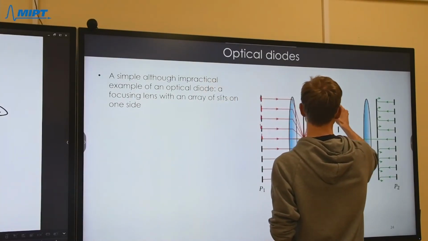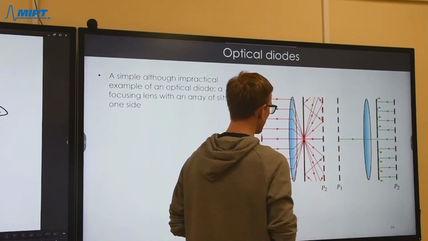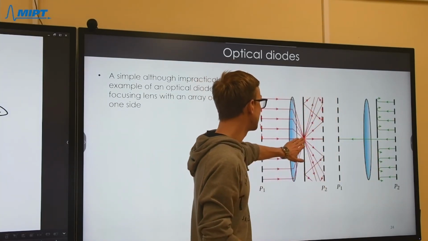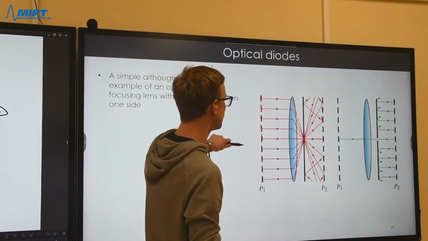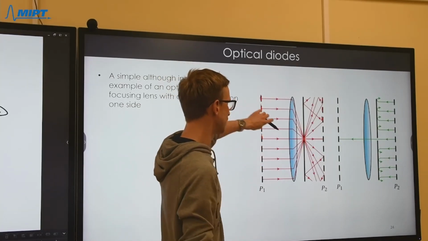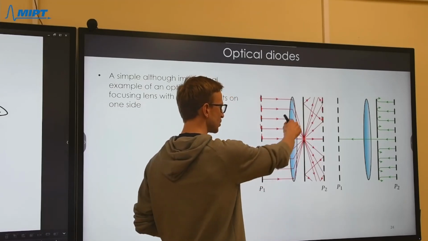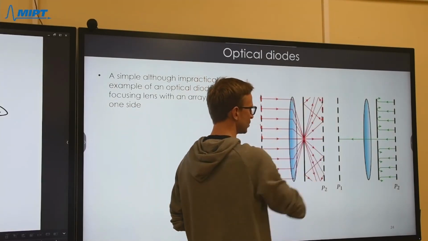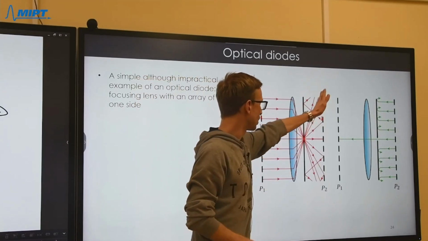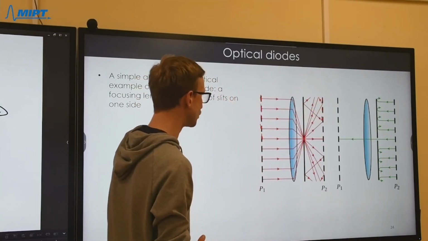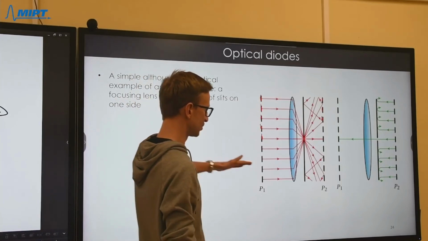And on this side too. So what we do is place a slit in the focal spots of that lens on one side. And then we illuminate the system from this side. The lens focuses radiation to the spot. Almost the entire radiation passes through the slit, of course, through the aperture. And then we have near complete transmission of this radiation to this side.